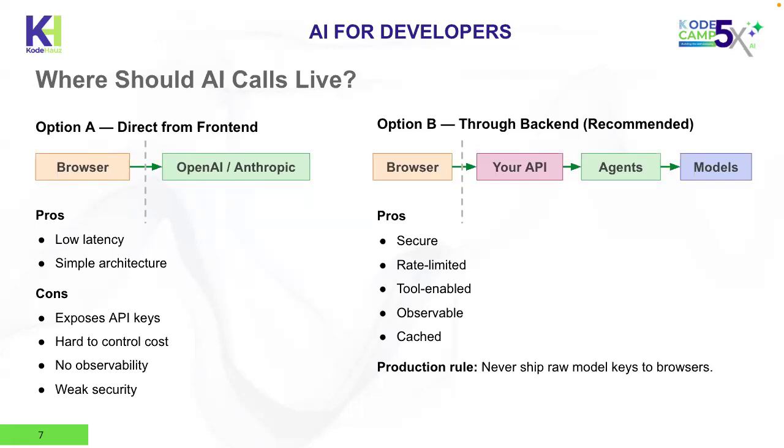And even though it has a few pros, yes, the architecture is simple. All you need to worry about is collecting the prompt from the user. So you have a text area or a text box. Type in your prompt. Or in some cases, your prompt may not necessarily be a text area where the person types. It might be a button that the person clicks, and you have a pre-canned prompt associated with that button.